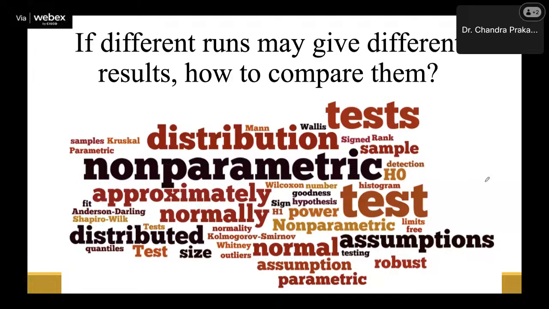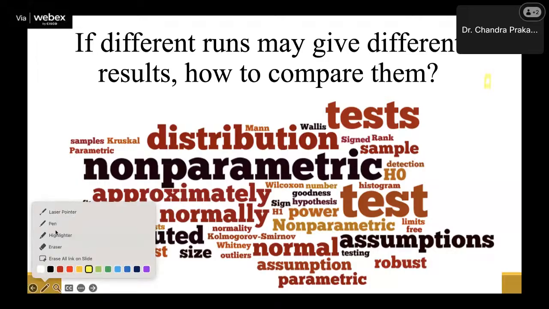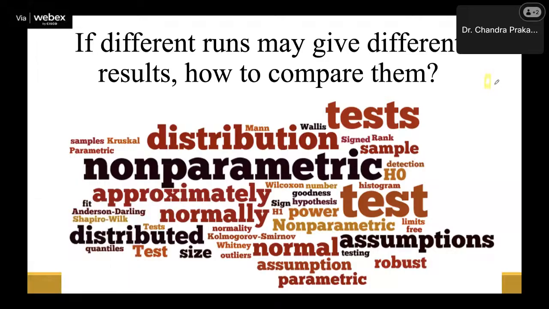For example, if I am using the genetic algorithm, and when I run the program for the first time, it will give a result, some output. Correspondingly, that output is O1. Likewise, for another run O2, for another run O3, right?